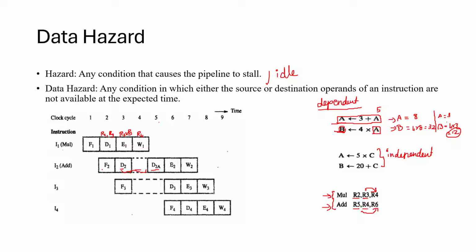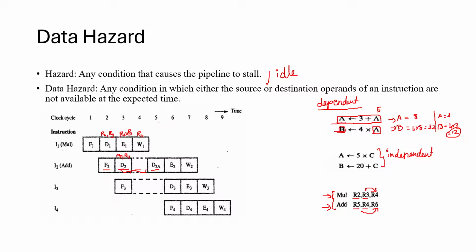Go to the second instruction, add. The fetch unit fetches the instruction add R5, R4, R6 in clock cycle 2. In clock cycle 3, it decodes that instruction and it needs the operands R5, R4.